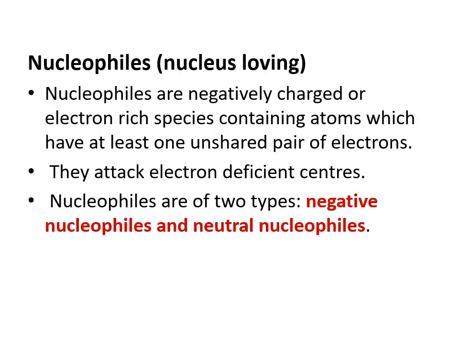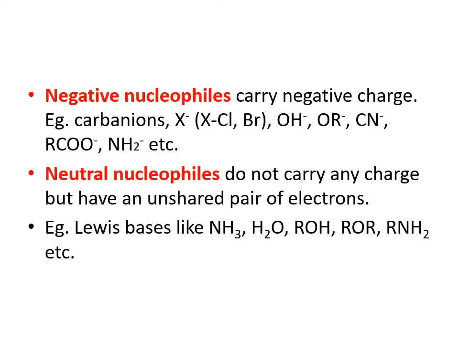Then nucleophiles, they are nucleus loving. That means usually they are negatively charged and they attack electron deficient centers. Nucleophiles are of two types, negative nucleophiles and neutral nucleophiles. Negative nucleophiles carry negative charge.